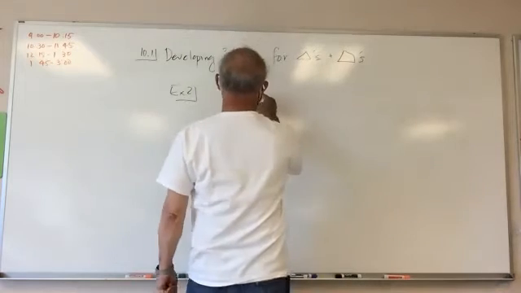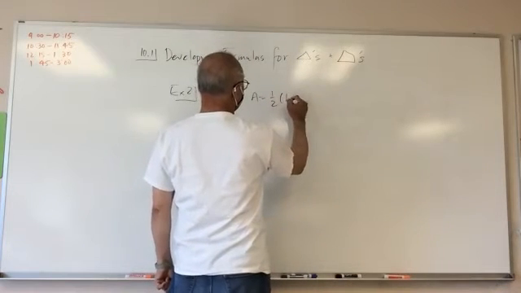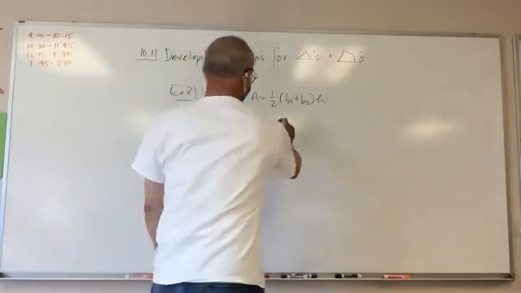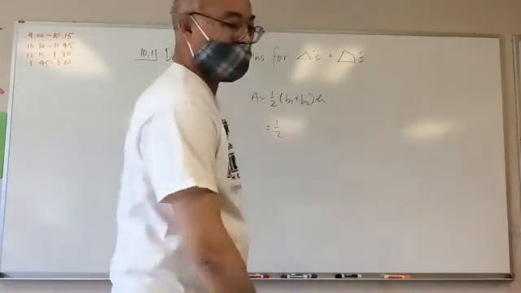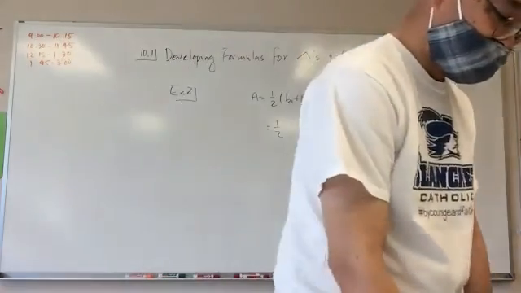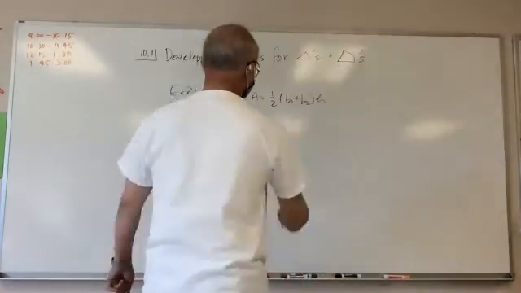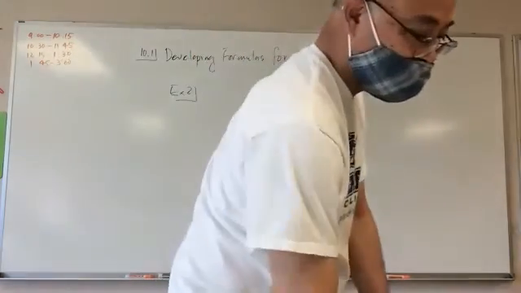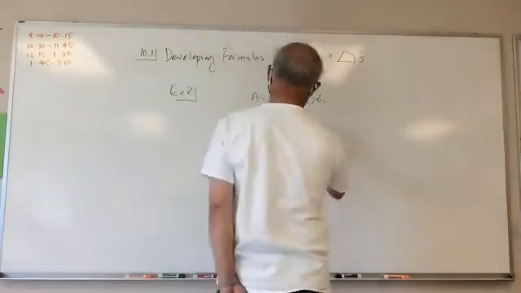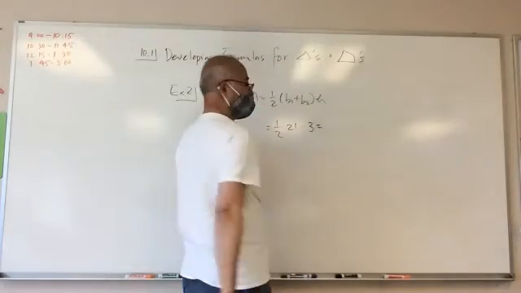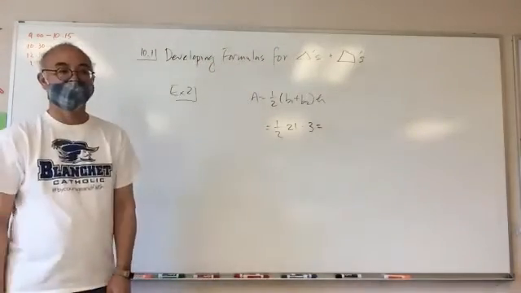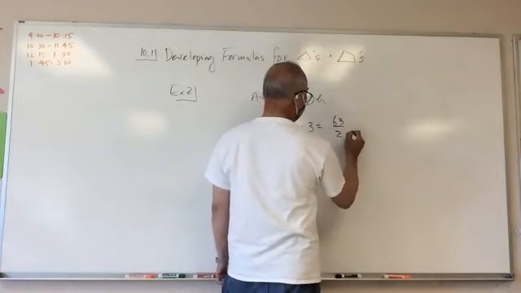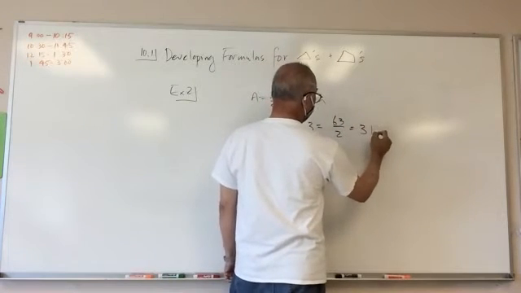So the area is going to be 1/2 of B1 plus B2 times H. 1/2 B1 plus B2 is 21. Height was 3. So it's going to be 63 divided by 2. 31.5.